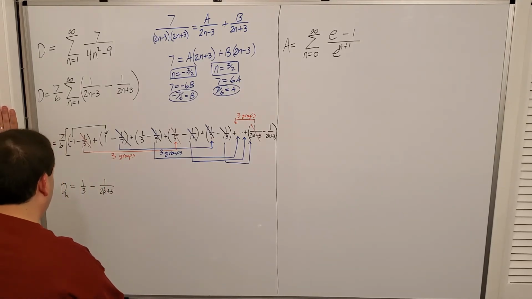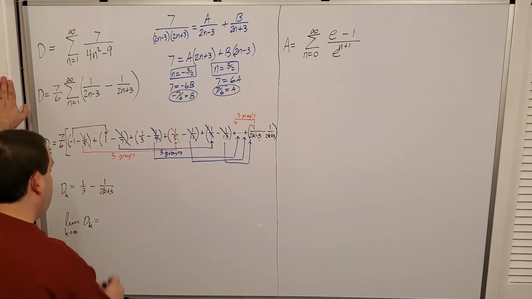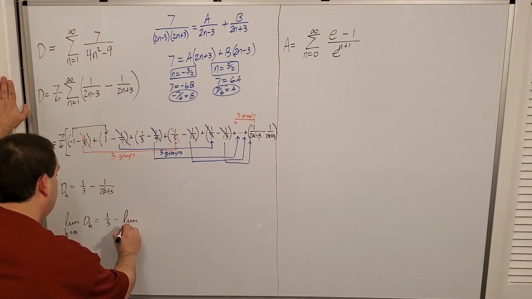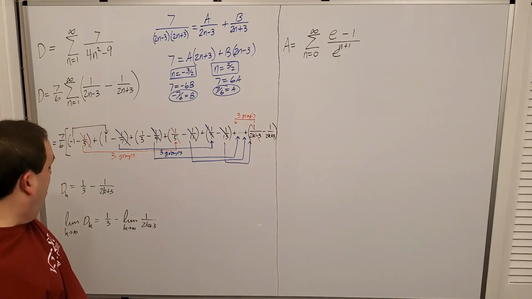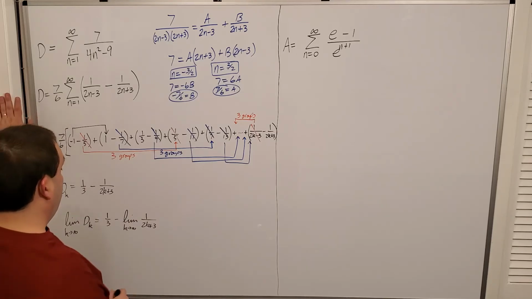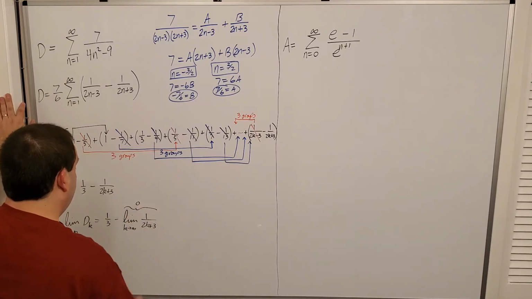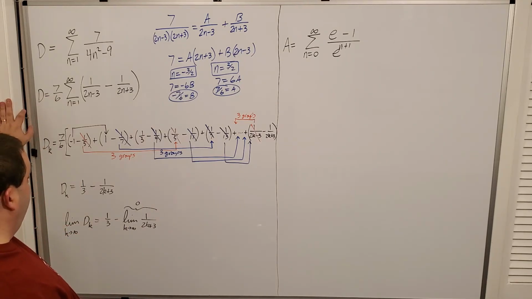So then let's do our limit. The limit as k goes to infinity of d sub k is going to be equal to 1/3 minus the limit as k goes to infinity of 1 over 2k plus 3. And hopefully you notice that this is a limit that goes to 0 because the denominator will be infinitely large. And therefore I'm left with a big boo-boo that I hope you caught me on.